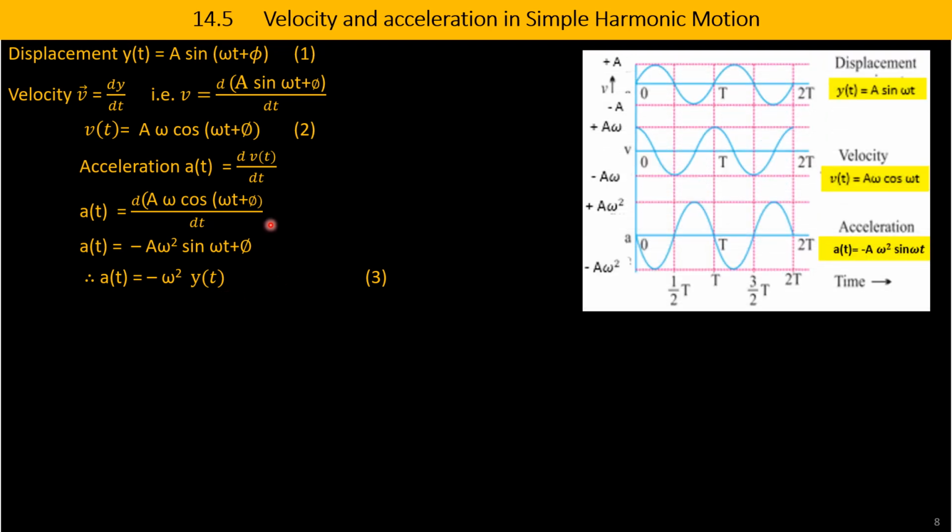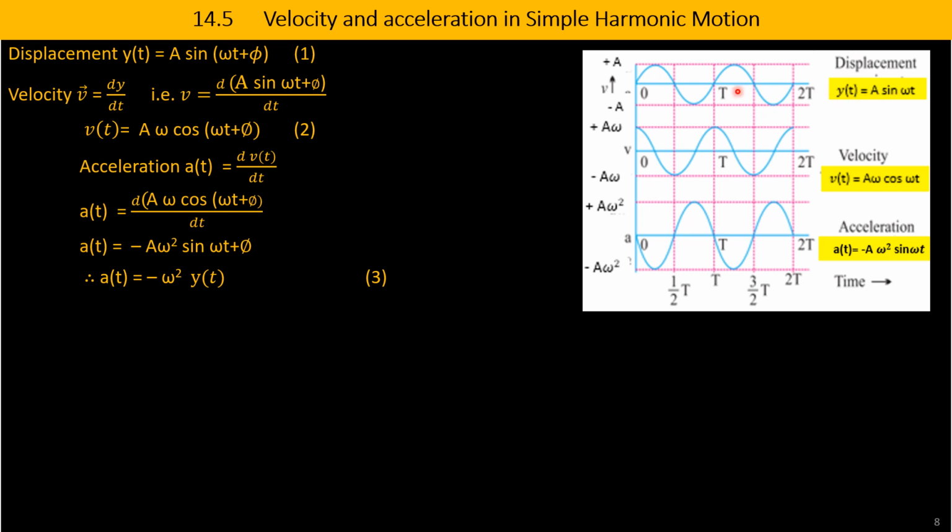Now all these three equations, that is equation 1, equation 2 and equation 3, are plotted in the graph shown on the screen. The topmost is the displacement. We know that the equation for displacement is given by y of t is equal to A sine omega t. Here we have treated the phase constant phi as 0.